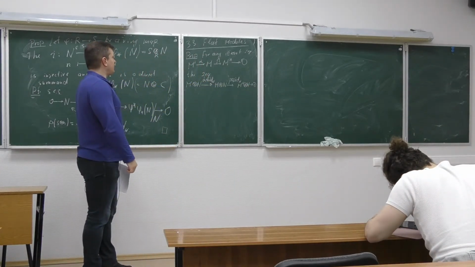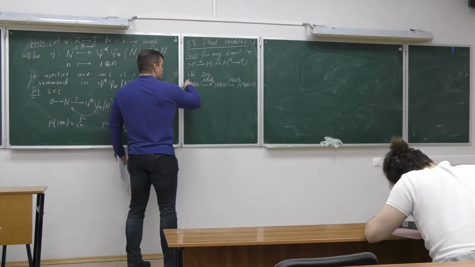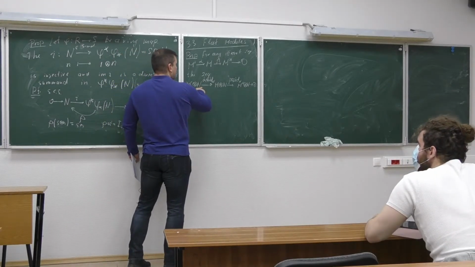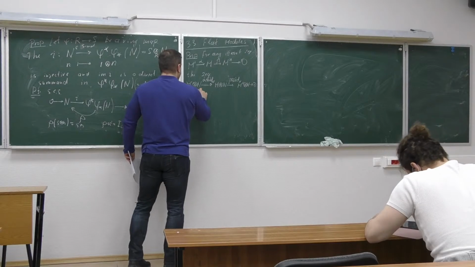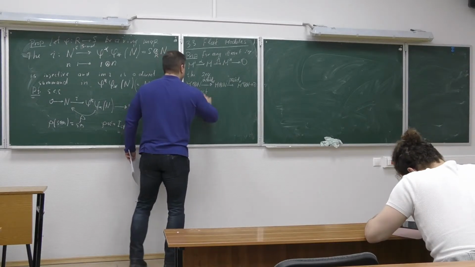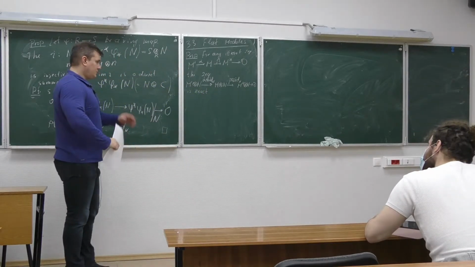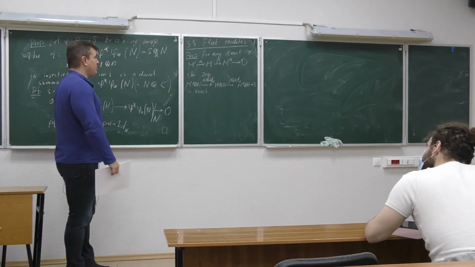So for any exact sequence like this, the sequence obtained by tensoring with the module N is exact. So this is the exactness property of the tensor product.